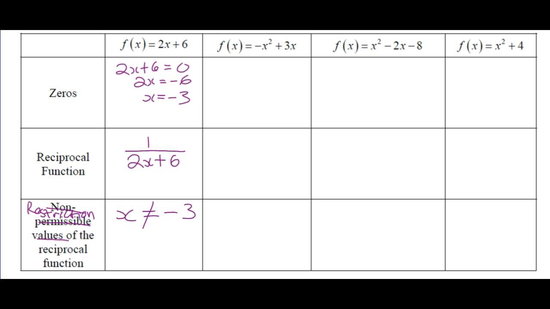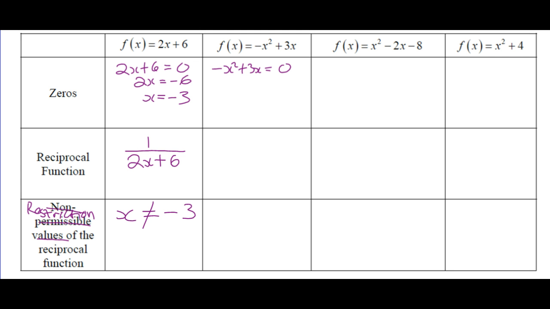That's a restriction. Okay, f of x is -x squared plus 3x. So what are we going to do? We're going to set -x squared plus 3x equal to 0, and we're going to solve that. How are we going to solve? Factor, sure. Before we factor, let's get rid of the negative.